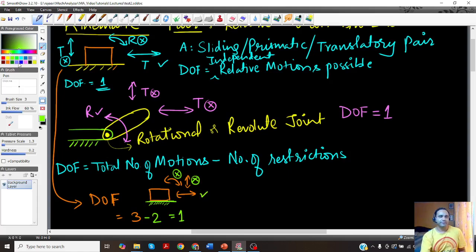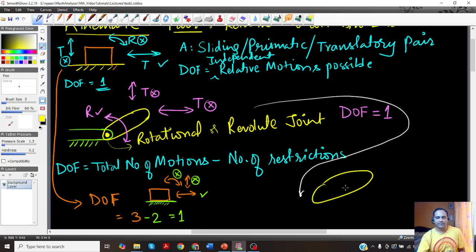Okay. Similarly, this one. So if I don't have a joint, okay, a rigid body without any joint, it had 3 motions possible.